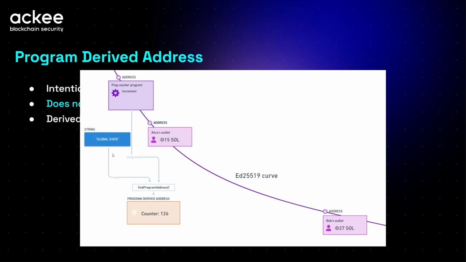So again, the idea is that you take the seed, you take the program ID, then there comes the bump that will be used in order to add some addition to the seeds. And as a result, we have the address that is kicked off the elliptic curve. So that means it does not have the corresponding private key.